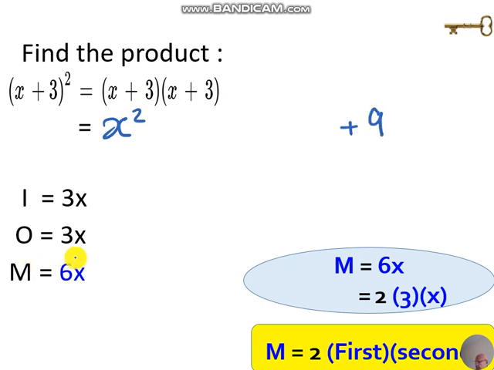The inner product is 3x and the outer product 3x, so the middle term is 6x. I break the 6x into the first times the second, which is 3x, multiplied by 2.